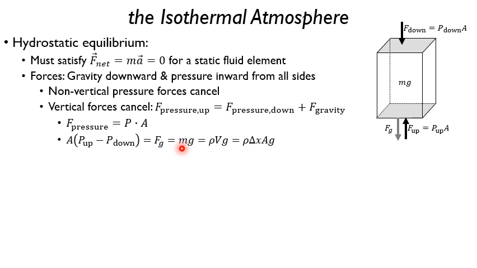We don't want to be worrying about how big our fluid element is, so we'd rather worry about a local macroscopic quantity like a density. Mass is nothing other than density times volume, and the volume is nothing other than the height of the fluid element times its area. Why do we do that?